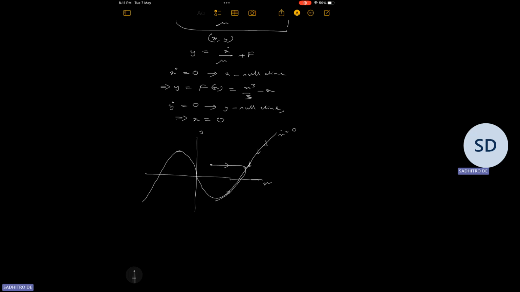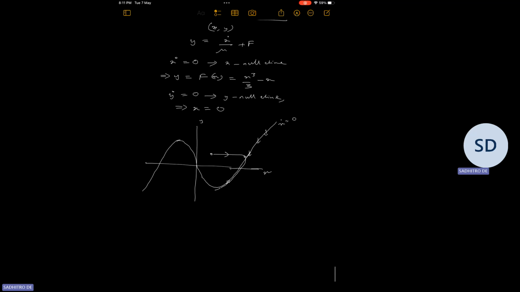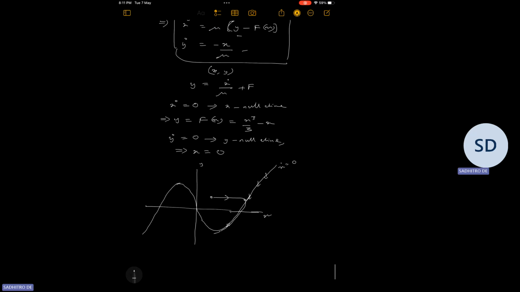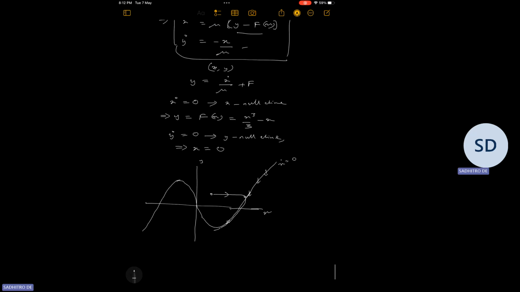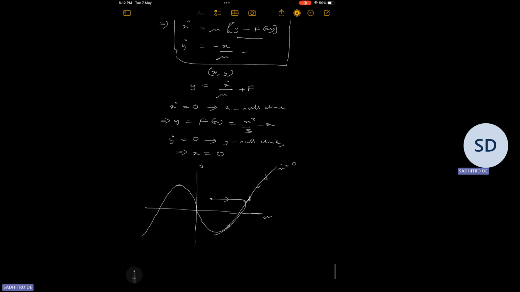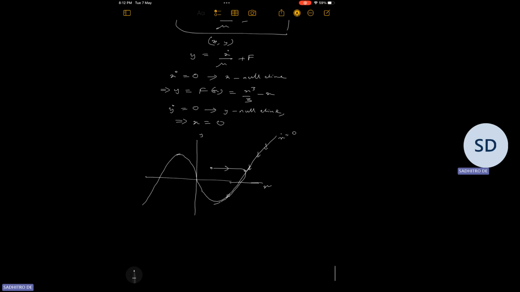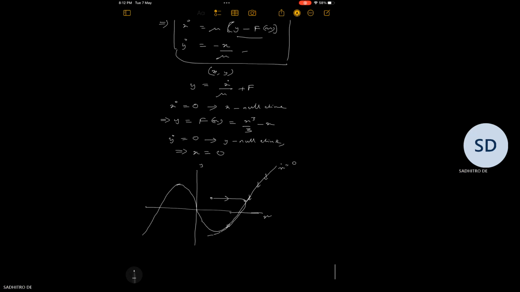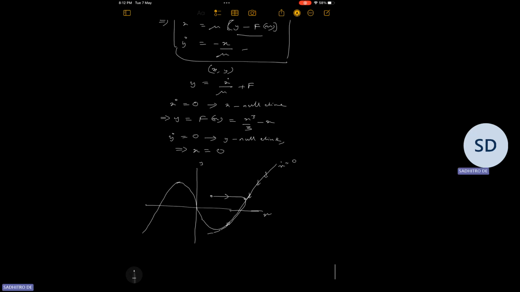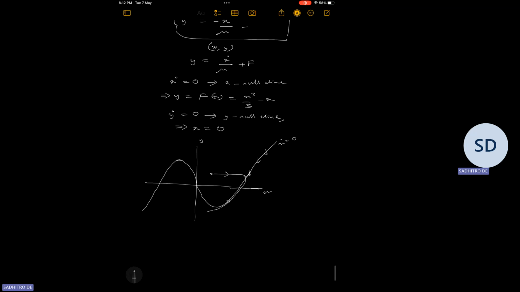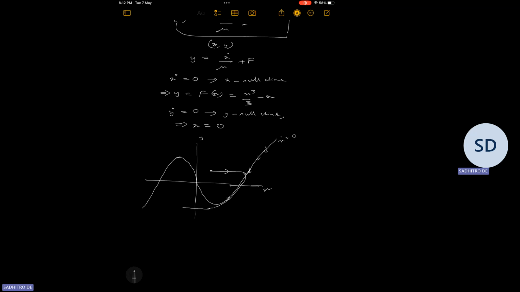And once it reaches this point where the null line just starts to turn upwards, it moves far away from the y null line so that this quantity over here becomes substantially large. And since it is multiplied by mu, it becomes even larger. And so because it now lies below the y null line, y minus f of x is negative, and therefore the trajectory zaps to this left branch of the null line.